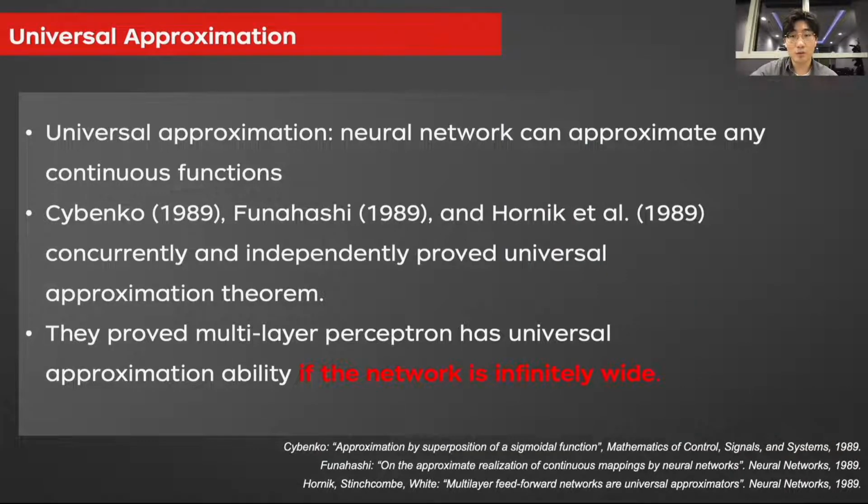The universal approximation means neural networks can approximate any continuous functions. This theory had been proved in 1989. Specifically, if the network is infinitely wide, the multi-layer perceptron has universal approximation ability.